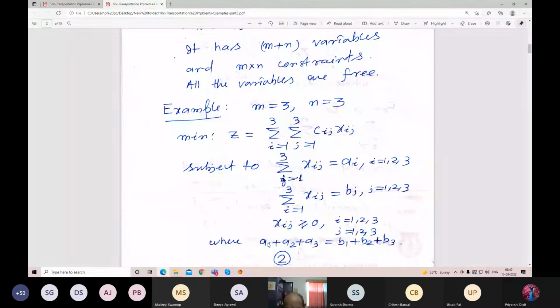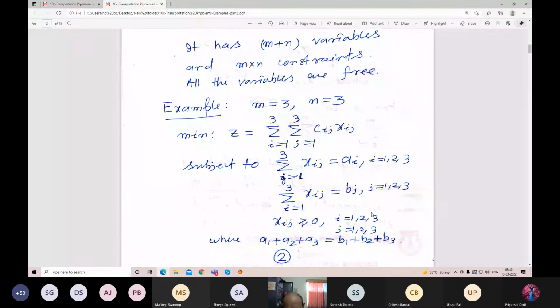So due to the balanced condition, out of the 6 constraints, only 5 constraints are linearly independent. We have a basic feasible solution having 5 non-zero variables. Out of 9, only 5 non-zero variables, rest are all 0.